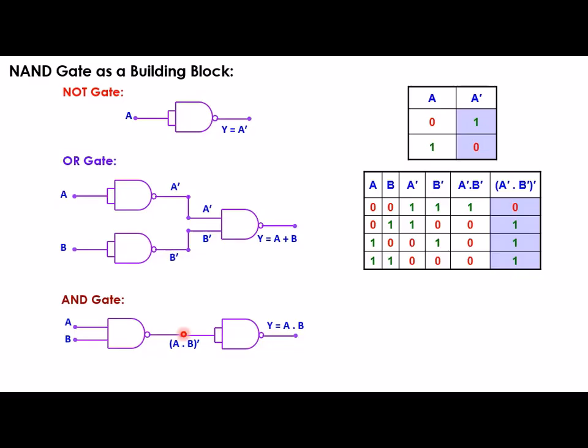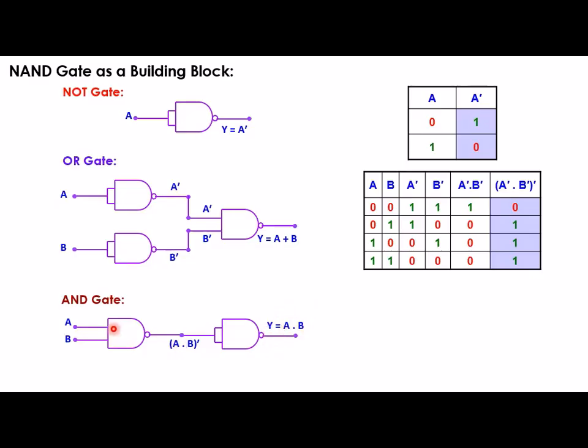Now if you feed this, the total output will be the complement of this A into B. The complement of the complement of A and B is again A and B, because the complement of a complement is the same thing. The complement of 1 is 0 and the complement of 0 is 1. So you are getting A into B, or A and B. So this is the output of an AND gate.